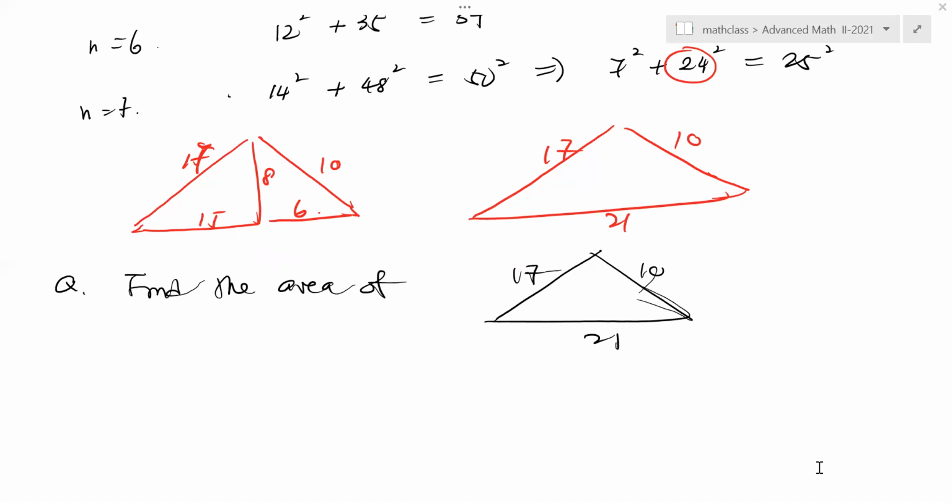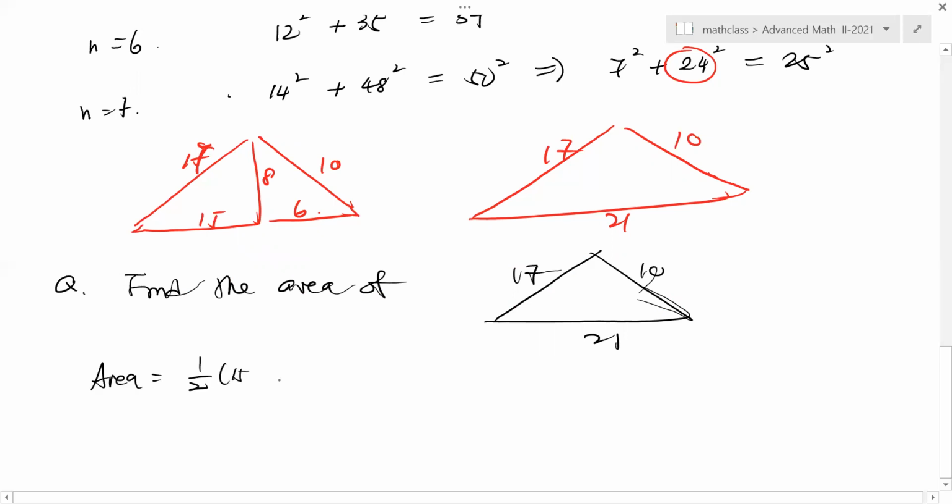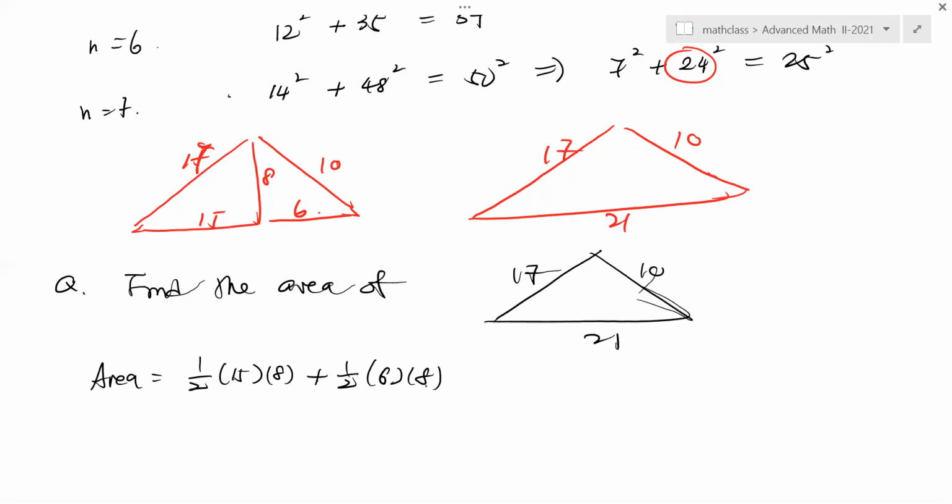There are a couple of ways to do it, but if you recognize this consists of two right triangles, then the area is going to be half of the area of the first right triangle, 15 times 8, plus a half, 6 times 8. Then you can simplify and get the area. So we get 15 times 4 plus 6 times 4. Okay, so it's 84.